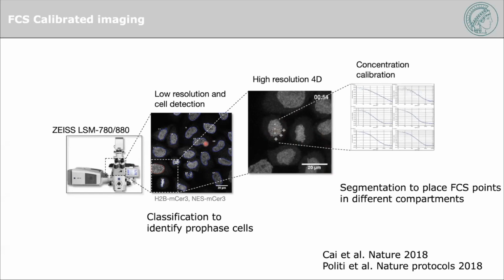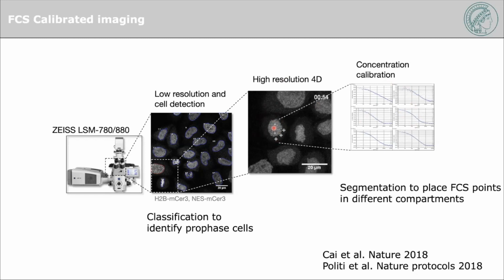This is a segmentation and classification problem. At the end, it's basically a simple segmentation problem, and then geometrically deciding where the best positions are to place my FCS points. From this, in post-processing, we calculate the concentration and calibrate the images, converting the fluorescence data into concentrations.